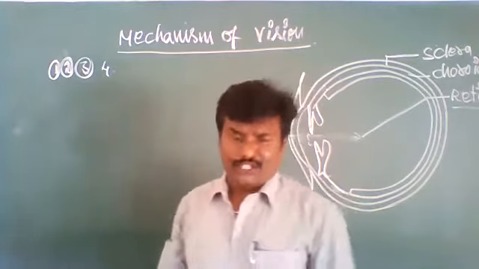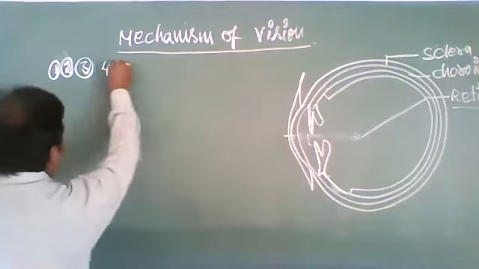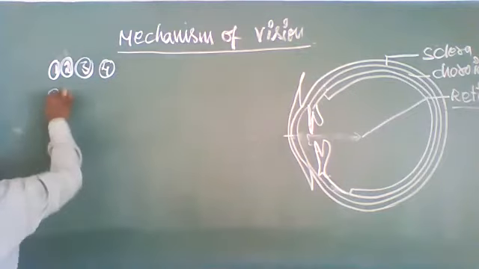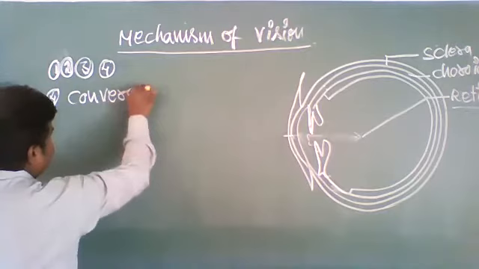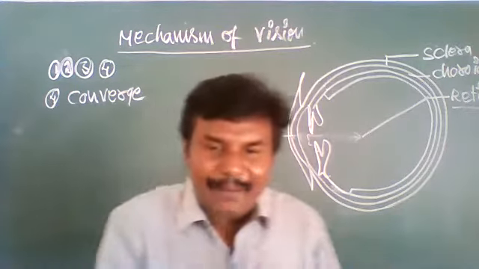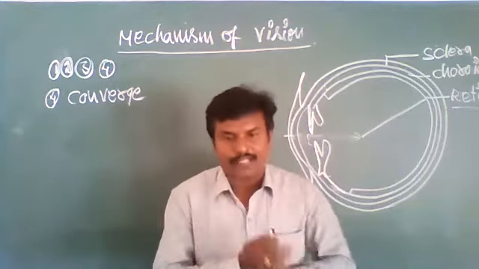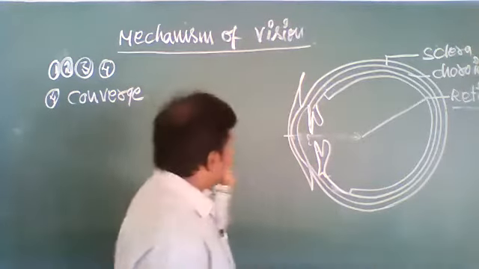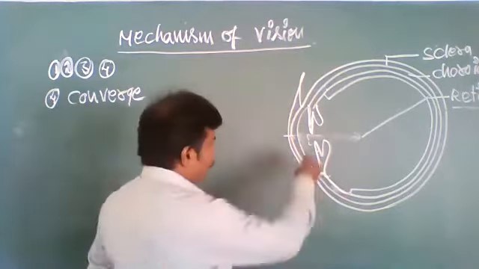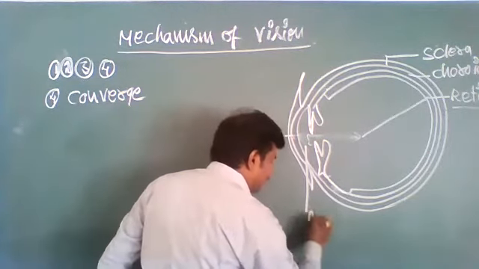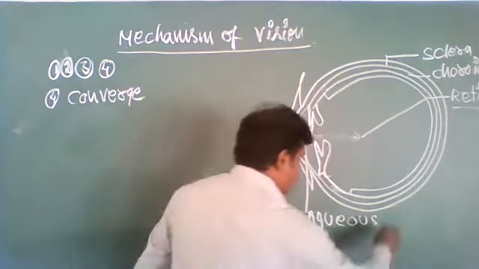Next, the rays of light converge. Converge means combined together. The rays of light come together as they pass through the aqueous humor.